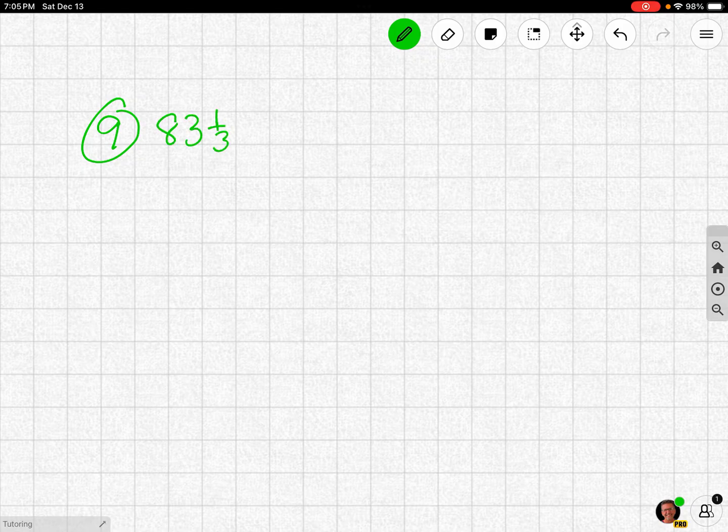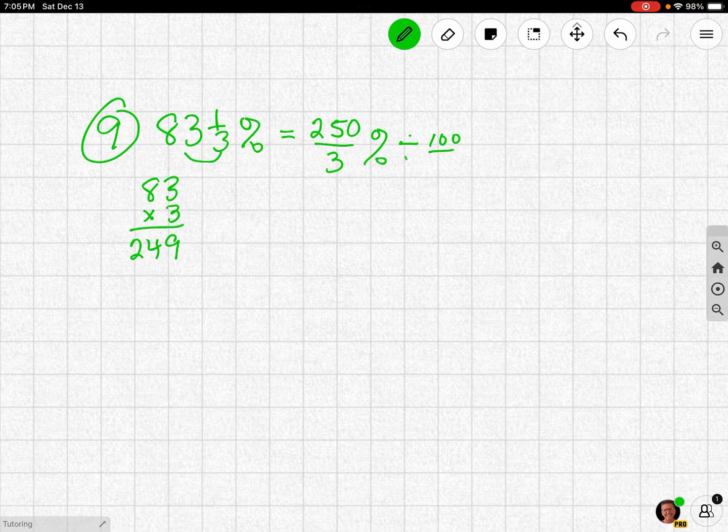83 1/3%. Got to change that into a fraction. How are we going to do that? Well, we're going to do 3 times 83, that's 249, plus the 1 is 250 over 3%. Then I'm going to divide that by 100 over 1, which is equal to 250 thirds times 1/100th.